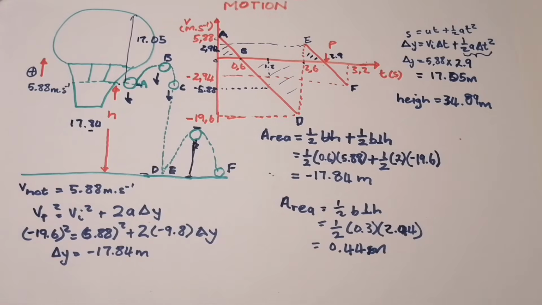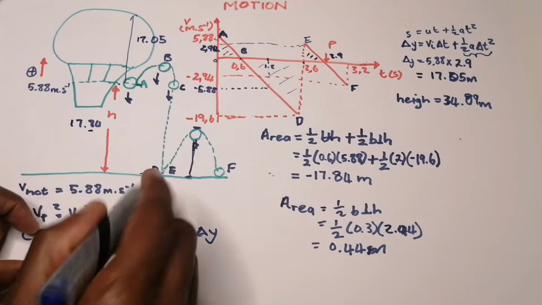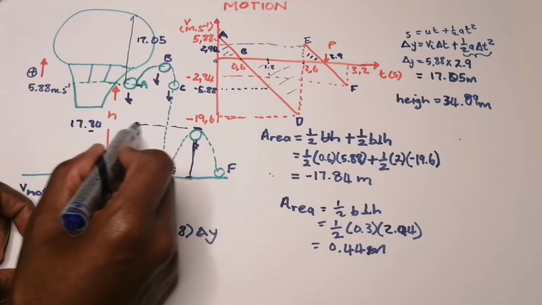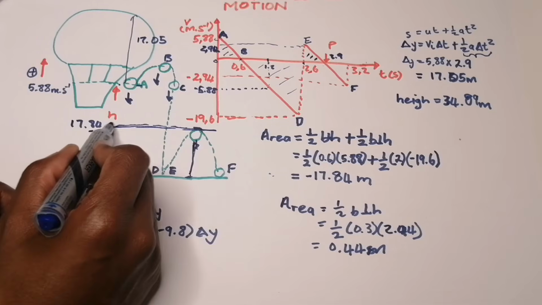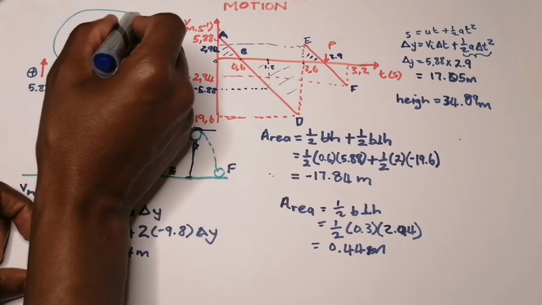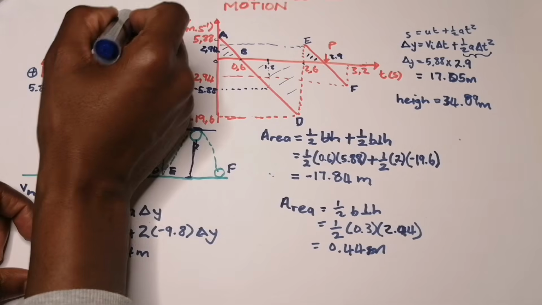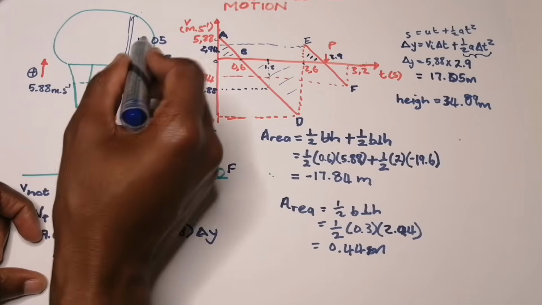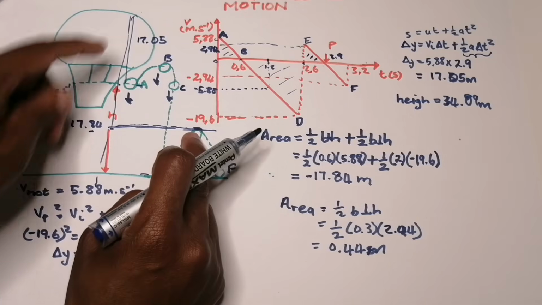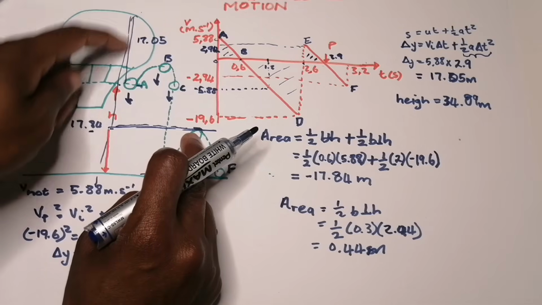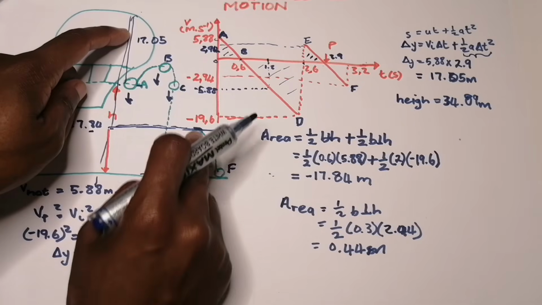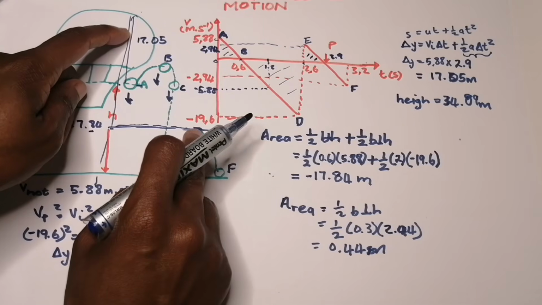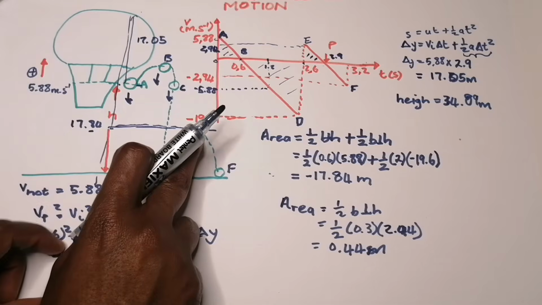I wish I could actually just illustrate it better. So we want the distance between those two, remember? The hot air balloon from the ground is 34.89. And we want to know the distance between those two, so I'm going to say 34.89 and subtract that distance there, which is 0.44, and it would give us that distance.